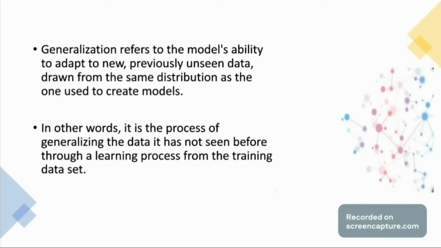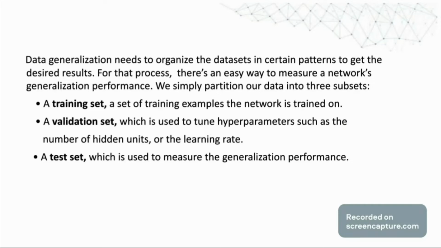So, moving on to the next point, we are going to talk about the subsets of generalization. The generalization process can be divided into three subsets. Now let's talk about these three different subsets. The first of these is a training set. What is a training set?